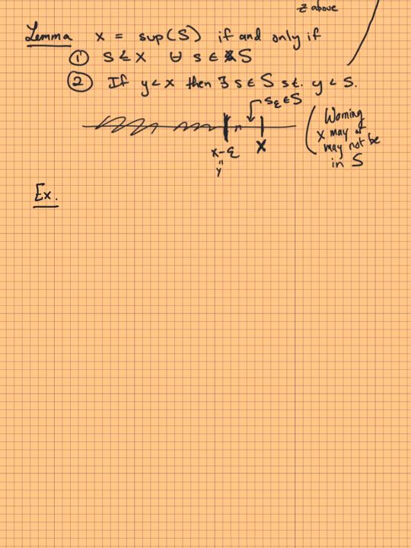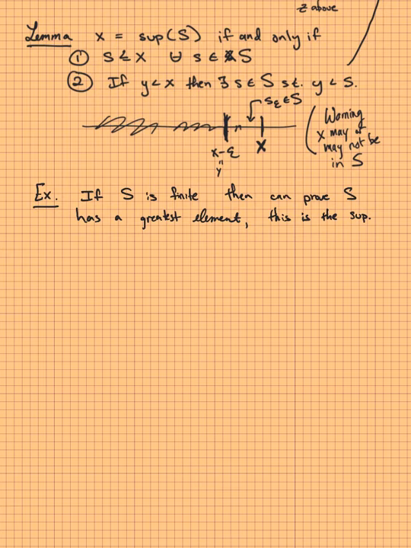The first one is, if S is finite, a totally valid set to look at, you can prove that S has a greatest element, and therefore this is just the sup. So this is an example where the supremum is contained in the set.